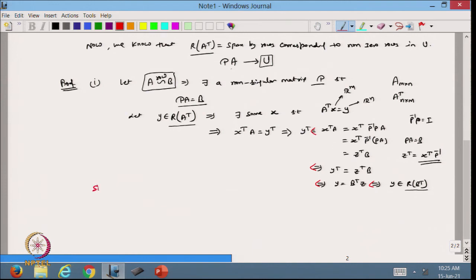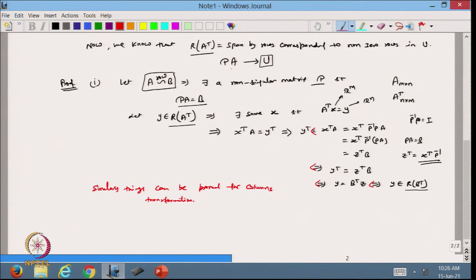Similar things can be proved for the column transformation, and that is how we can prove the second one.